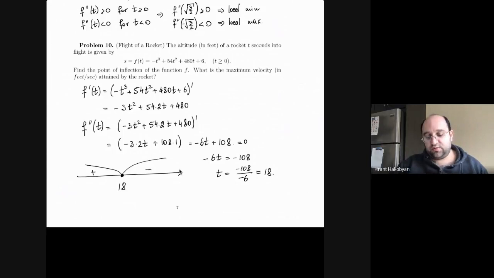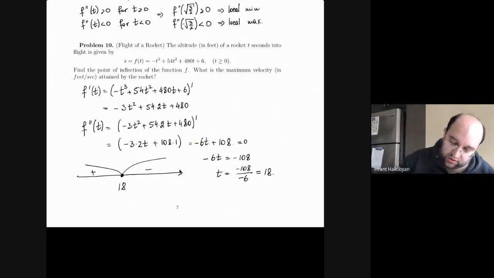It's easy to see because it's a linear function, and the slope of the linear function is negative, so it has to be a decreasing function. So it has to be bigger on the left and smaller on the right. Or you can just pick some points and see that it's indeed the case.